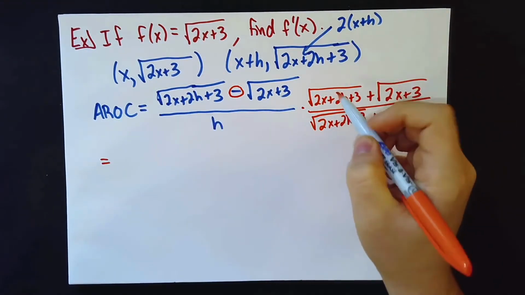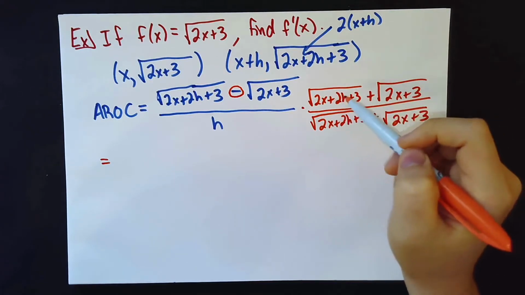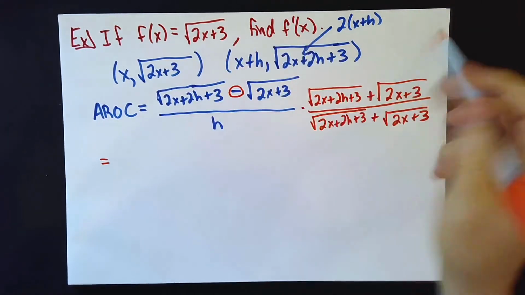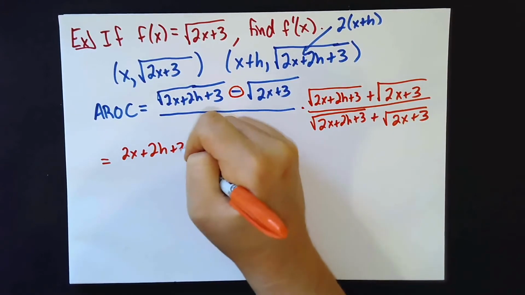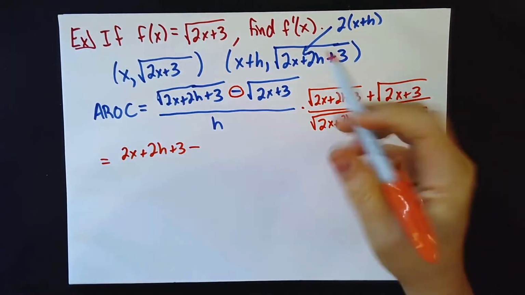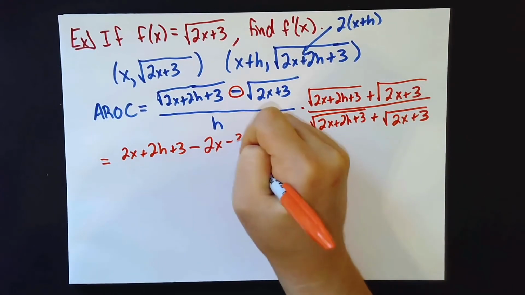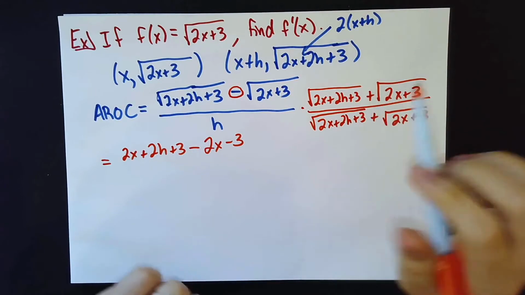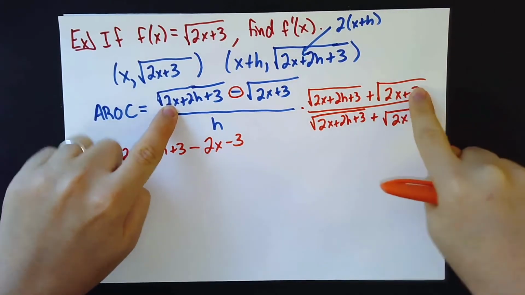And so now, when I multiply this out, it looks like it's going to be horrible, but it's actually not going to be too bad, because I'm going to get this square root times itself. So that's going to give me 2x plus 2h plus 3 minus this square root times itself, which is going to be minus 2x minus 3. Okay. And remember, we get this really complicated cross term where I have this square root times the other square root.